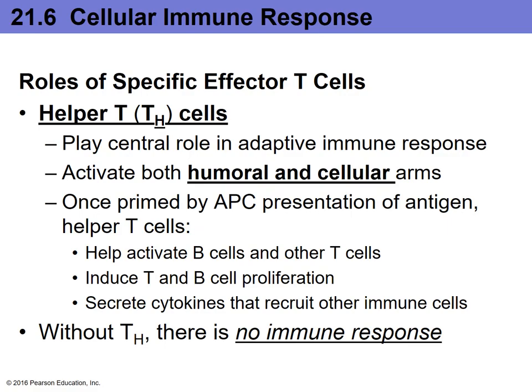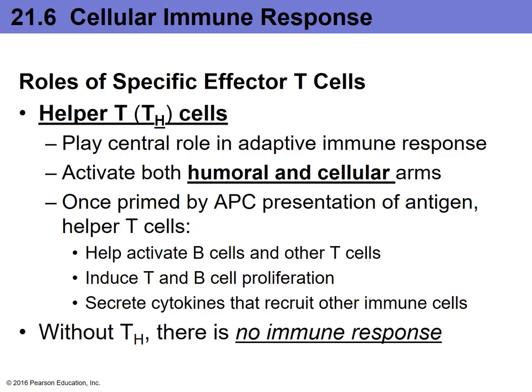They kind of help keep the cytotoxic T cells in check. The helper T cells are also going to play a role in helping to enhance the stimulation of the cytotoxic T cells. The helper T cells are also going to help activate B cells.